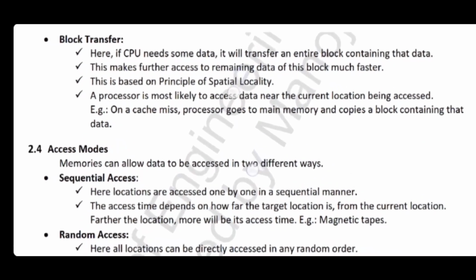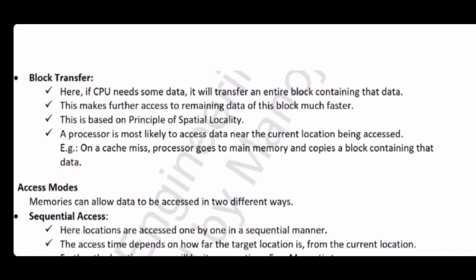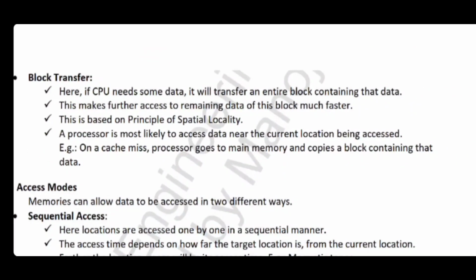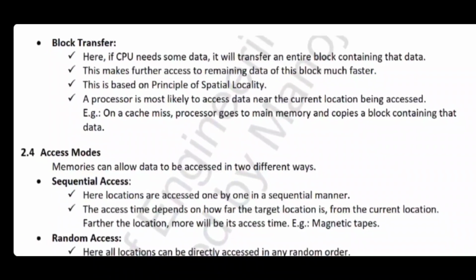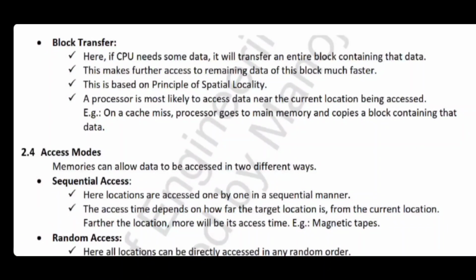Next, block transfer. Here, if the CPU needs some data, an entire block containing the data is transferred. In block transfer, if the CPU wants any data, the cache memory provides not only that particular data but a block of data. It contains the required data plus some other data too.